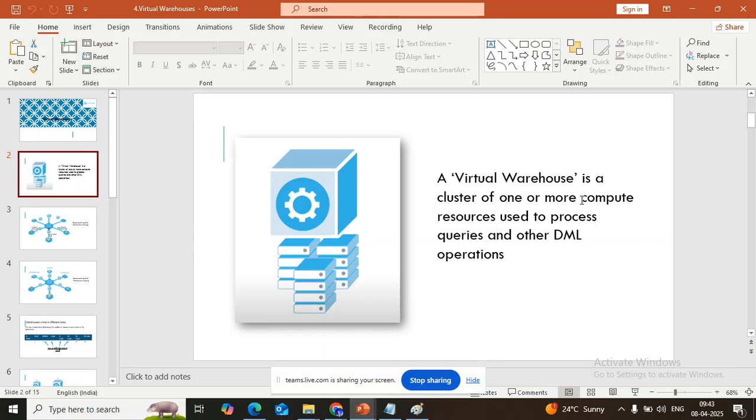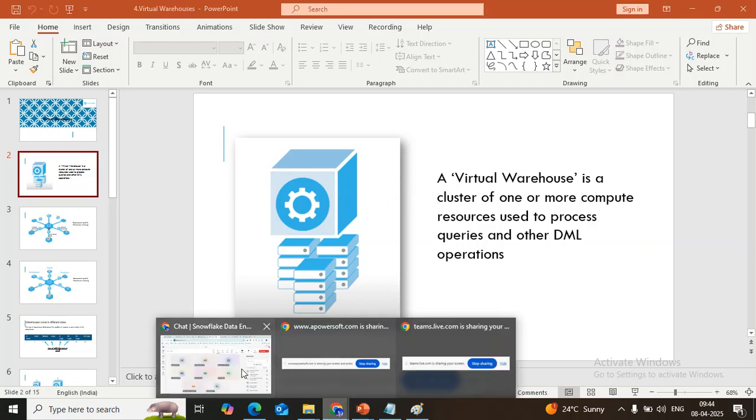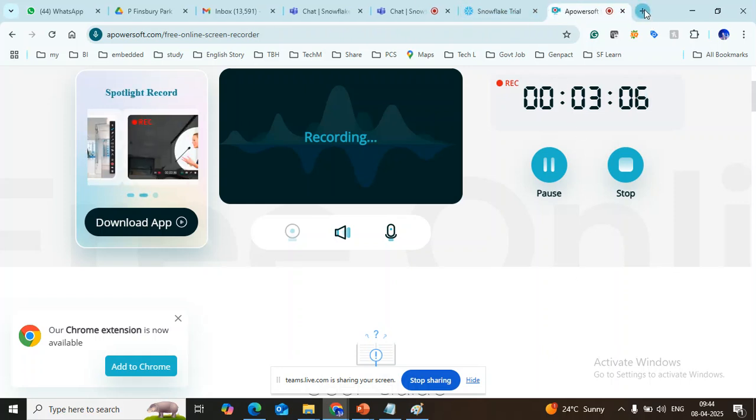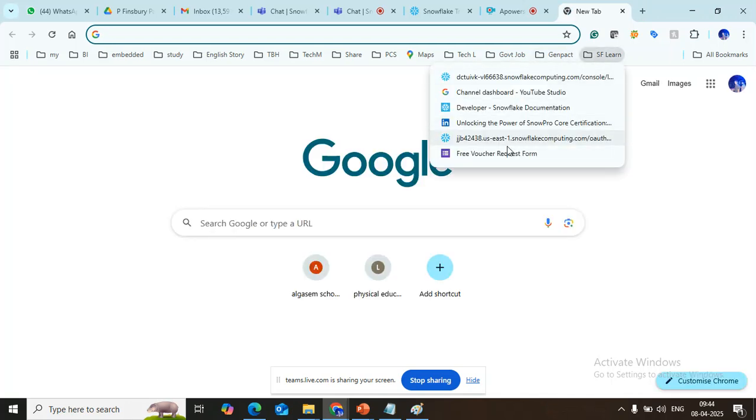In Snowflake, whatever DML operations we do and whatever queries we fetch are done by the virtual warehouse only. And I have given you some information regarding how the virtual warehouse looks inside Snowflake.